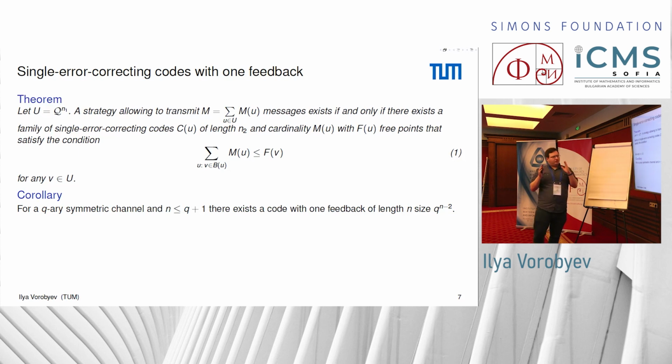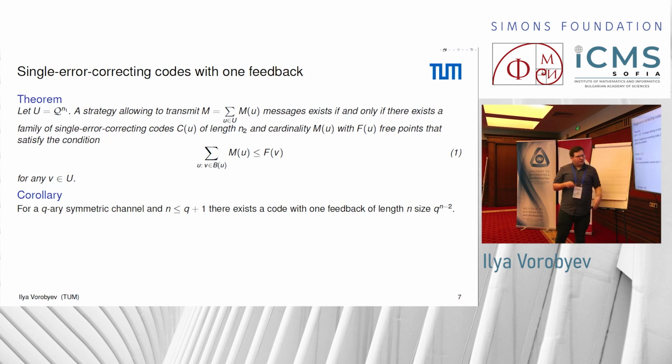If we have a q-ary symmetric channel, and the length is at most q plus 1, then there exists a code with one feedback and size q to the n minus 2, which corrects one error. So it's in a way similar to the Reed-Solomon code with one error, but here we don't need q to be a prime power.